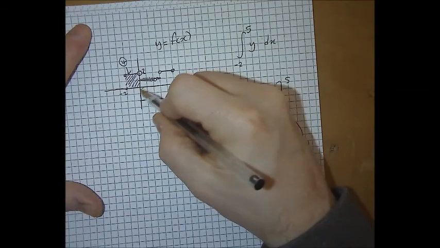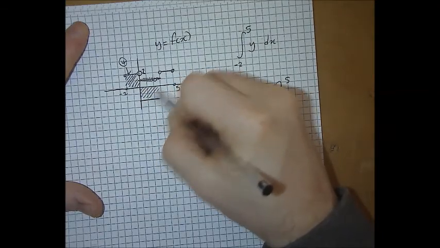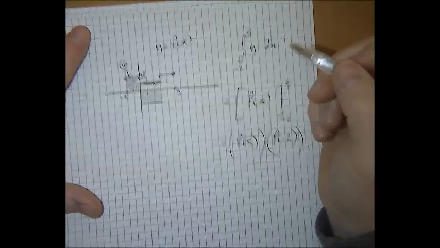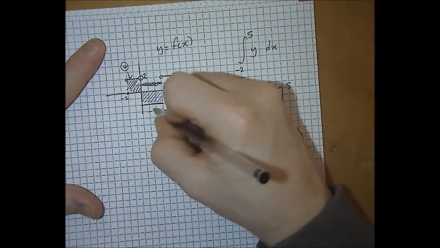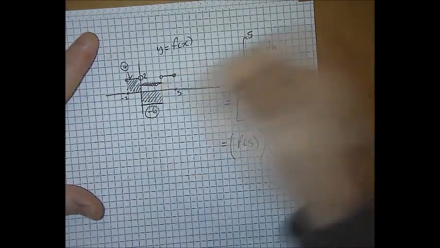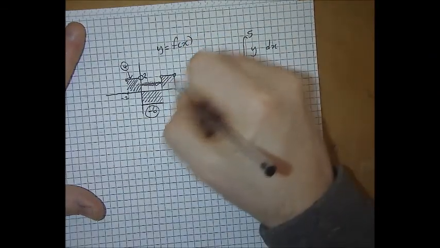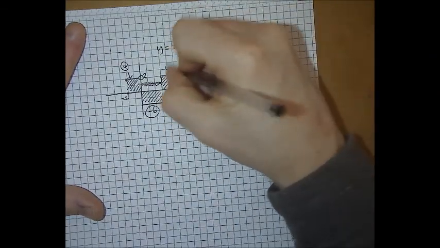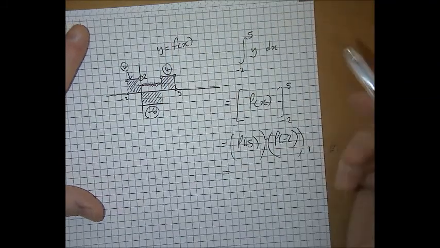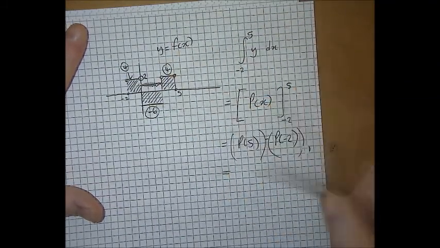This area, which is a 3x2 rectangle, so that is an area of -6. And this is another 2x2 square, so that's an area of 4. So your fourth meaning is 4 plus 4 plus -6, which is 2.